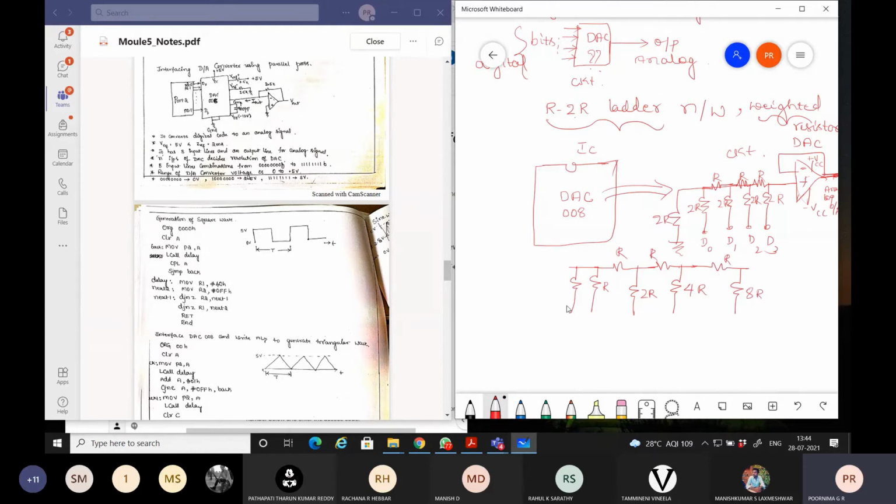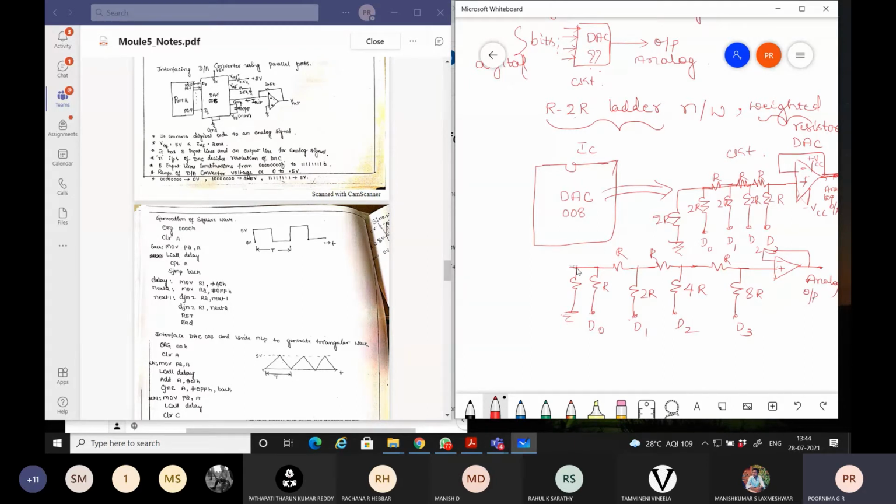This is grounded. Here we will be providing D0, D1, D2, D3. The output is given as in the previous circuit itself, with the negative terminal connected by negative feedback as a voltage follower, and here we measure the analog output.